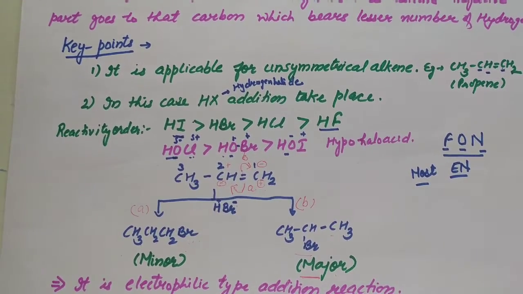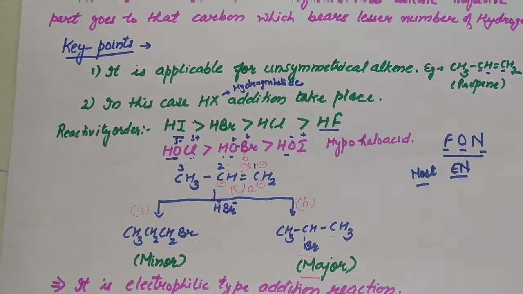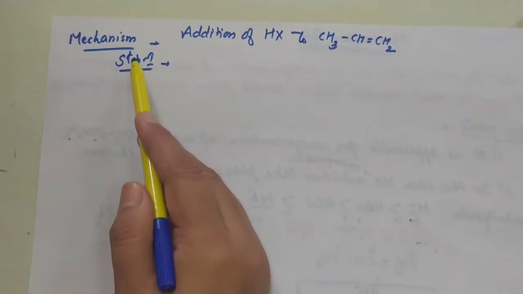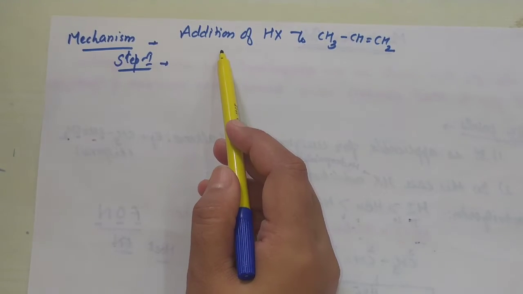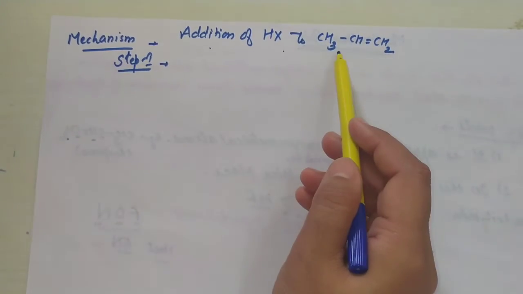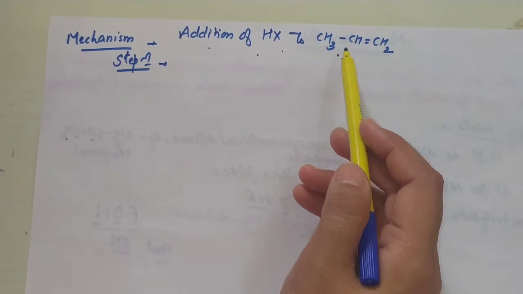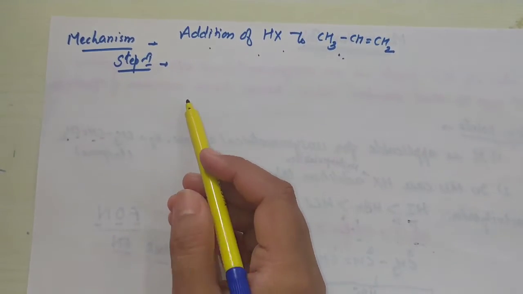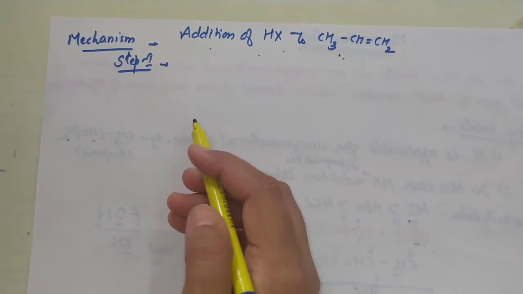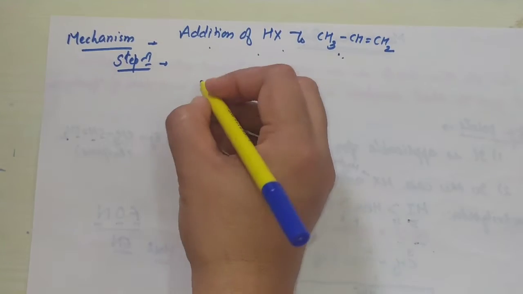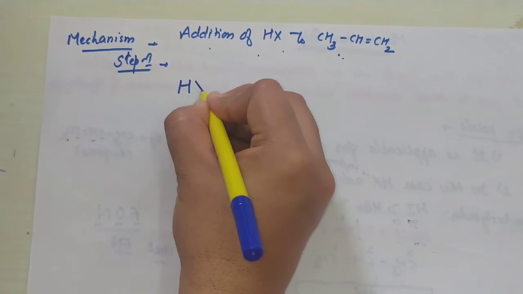Now I am going to explain the mechanism of Markovnikov rule. The mechanism of Markovnikov rule can be explained with the help of addition of HX to propene. Step 1: the first step involves the cleavage of the halogen acid, for example HX.